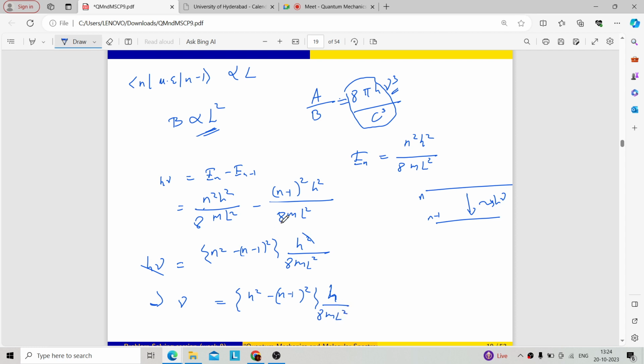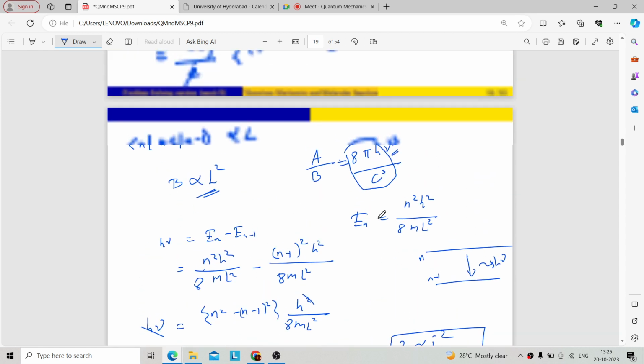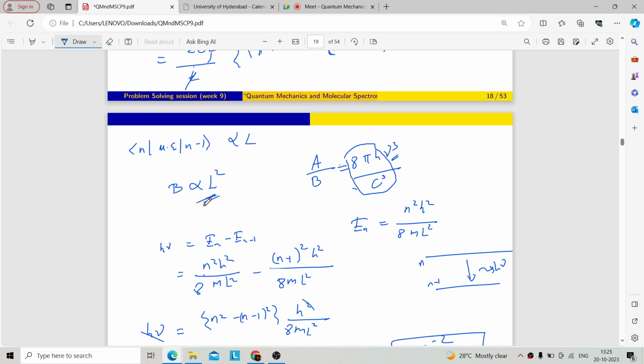What I need is the dependence of L on the frequency. Nu is proportional to L to the power minus 2, and B is proportional to L square.